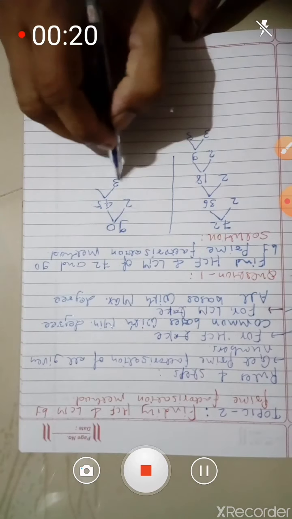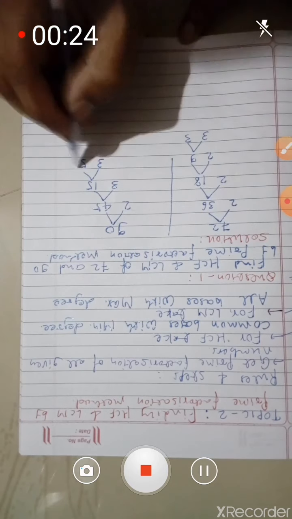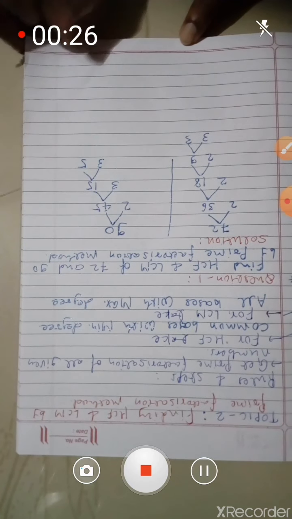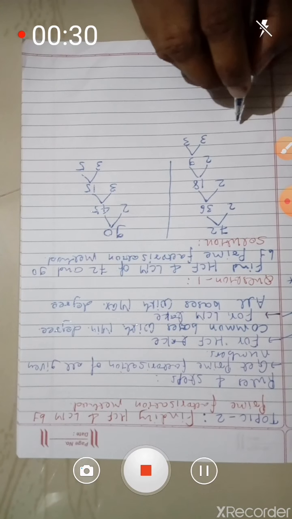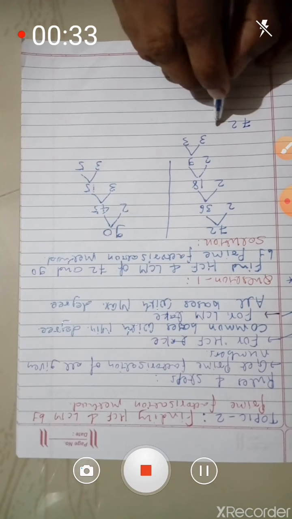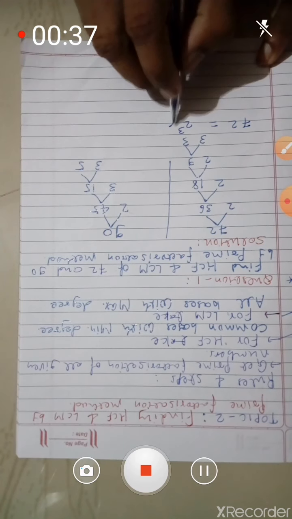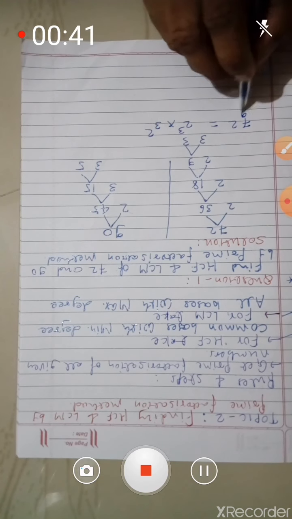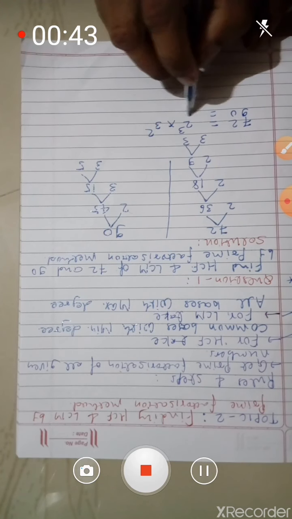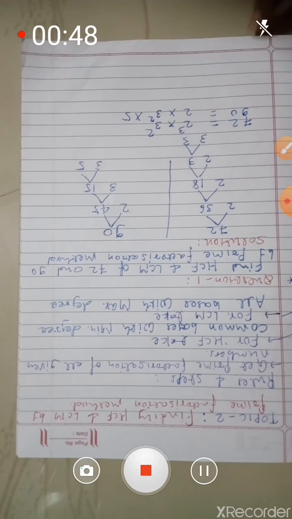So 3 into 15, then 3 into 5. So our prime factorization becomes 72 equals 2 raised to 3 into 3 raised to 2, and 90 equals 2 into 3 raised to 2 into 5. So prime factorization is over.